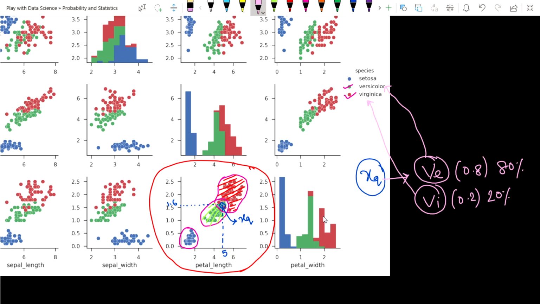I think you have understood why the probability concept is useful. Here there is an 80% chance, here a 20% chance, and for Setosa the probability is 0, meaning 0% chance, because it is well separated. We don't have to worry about that.